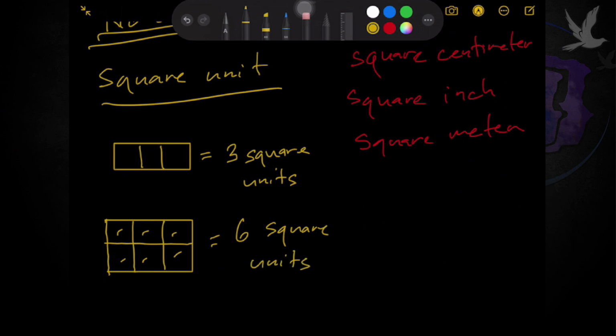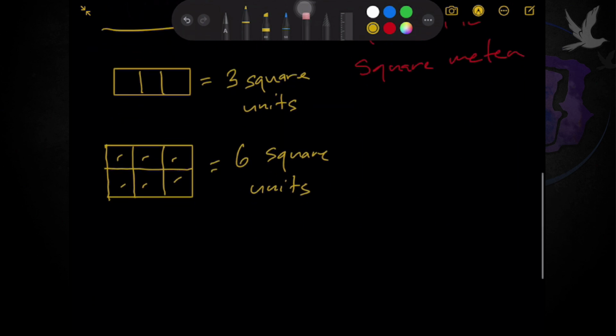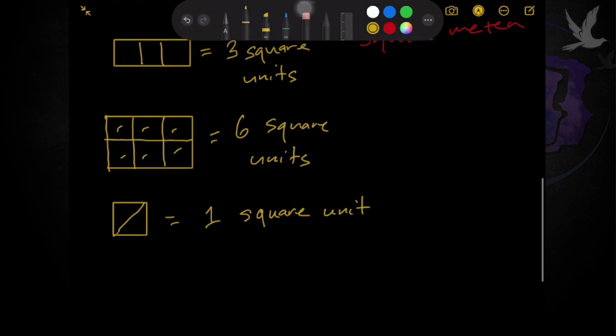Now, you can also experience situations that this square can be in terms of parang hinahati, which basically forms two triangles. No, this is still equivalent to 1 square unit. Okay? So, ganun lang yan siya. It is still equivalent to 1 square unit.